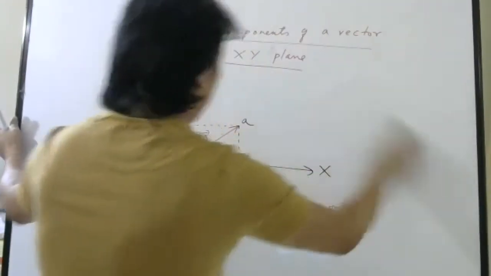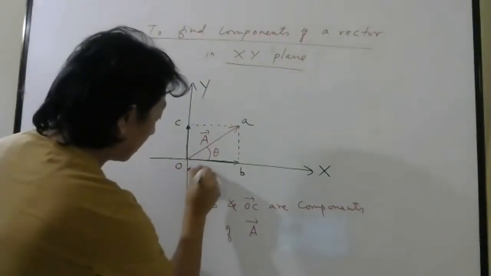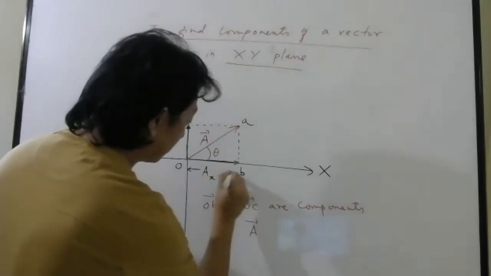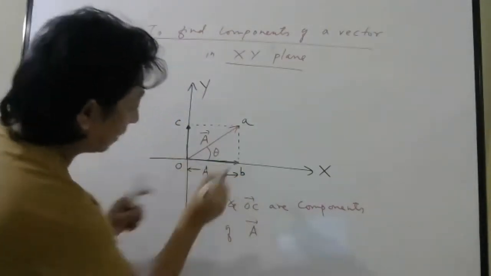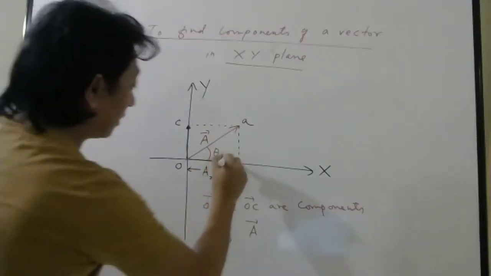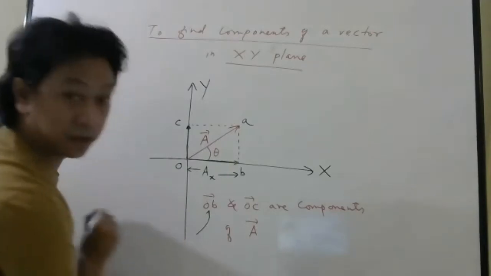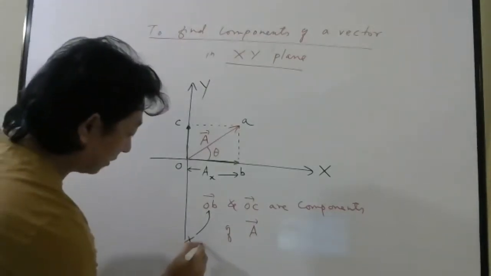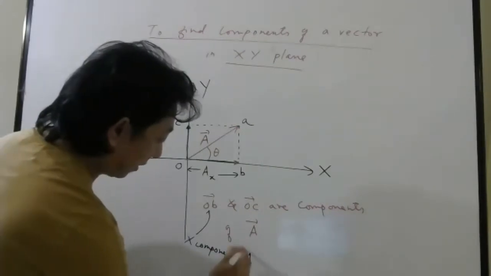Okay. Now look carefully. Let me call this length ax. So what is ax? The length of this vector. And what is this vector? This vector OB bar is called the x component of a bar.